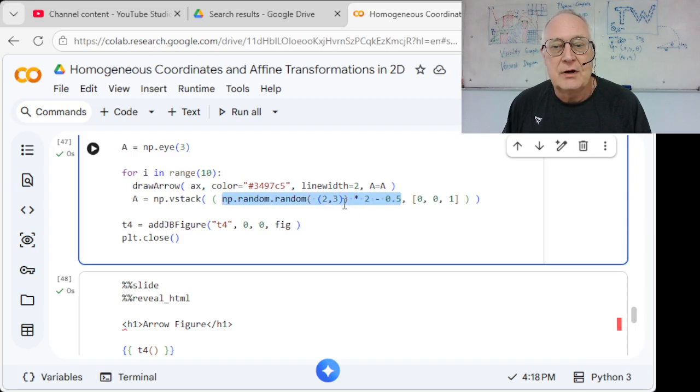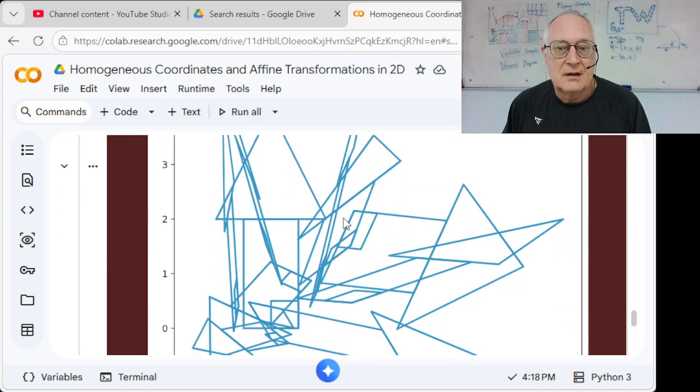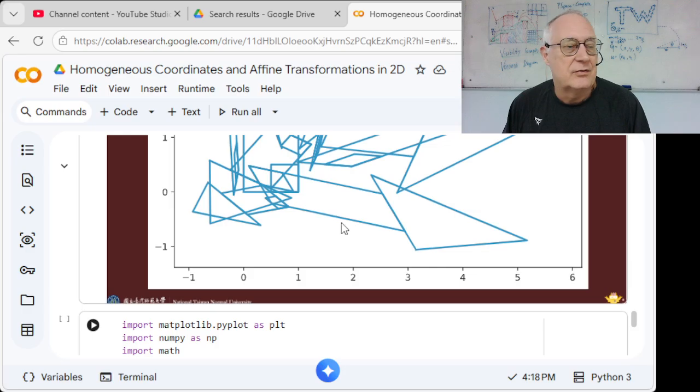This is the top part of the matrix, 2 by 3, 2 rows, 3 columns, multiplied by 2, and then minus 0.5, so that will give me values from negative 0.5 to 1.5, and then the bottom row is 0.01 to pass through the constant. And then you get all kinds of weird errors.